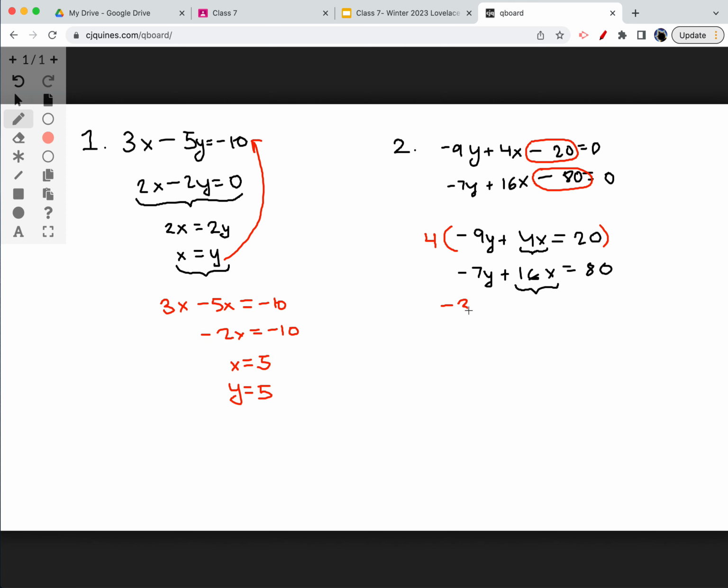So this gives minus 36y plus 16x is equal to 80. So now we can just do elimination. So we subtract this equation from this equation.